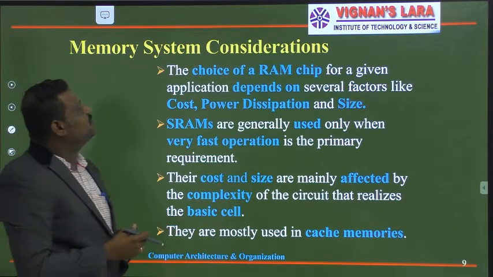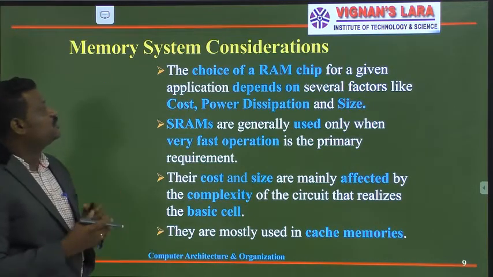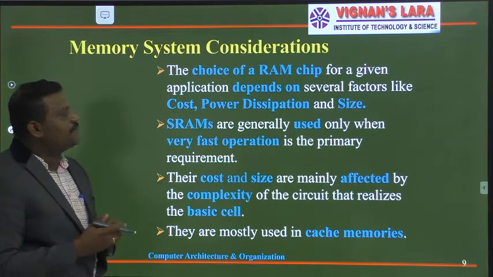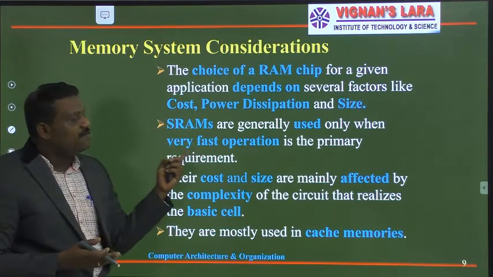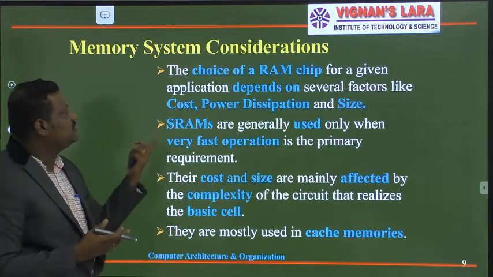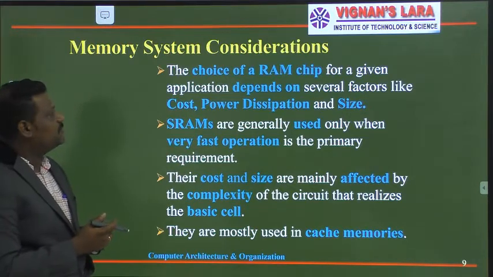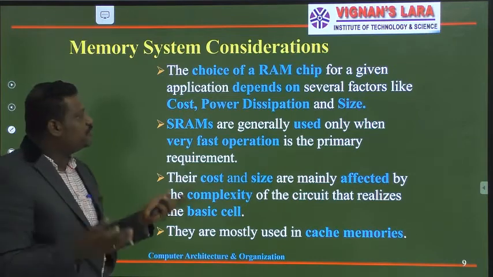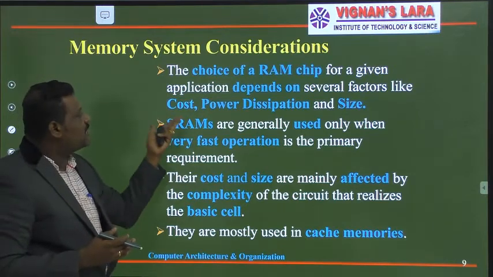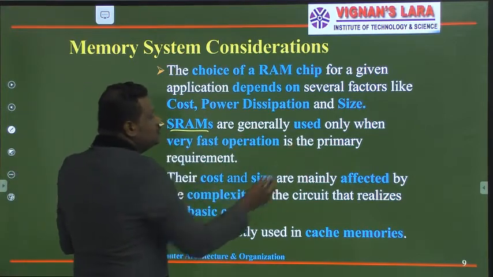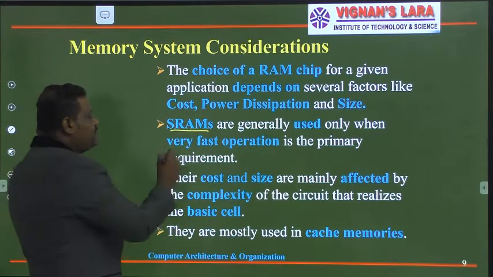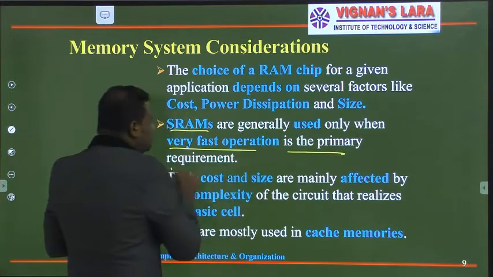So, memory system considerations. The choice of a RAM chip for a given application depends on several factors like cost, power dissipation and size. These are some of the factors. Generally, SRAMs are used only when very fast operation is the primary requirement.